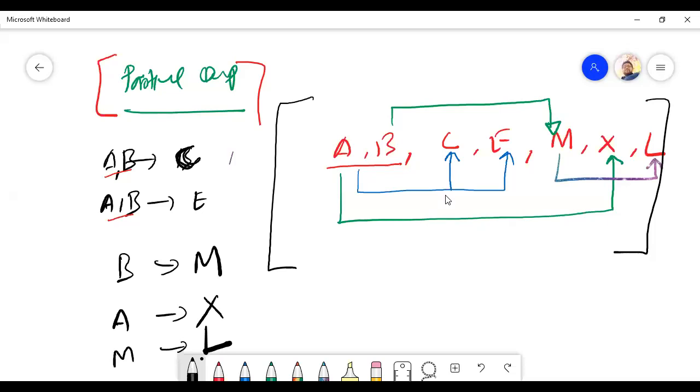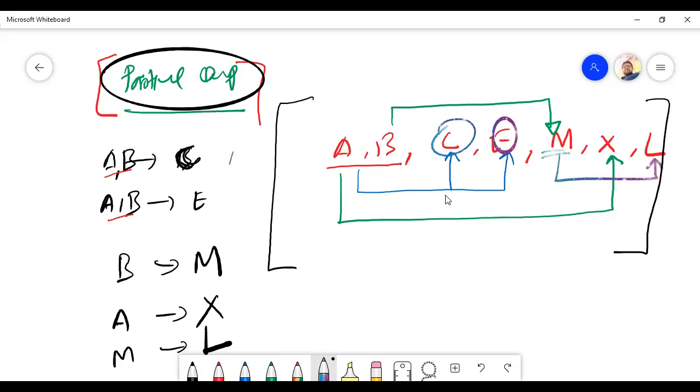So now I hope that you guys, boys and girls, can understand this partial dependency concept. Now you can see this, E and C are fully depending, the M and X are partially depending on primary keys, right?